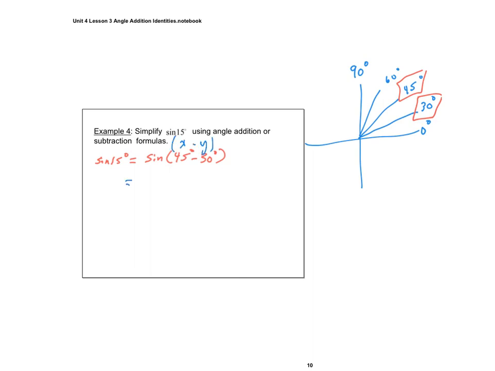So let's use our sine formula. So the sine formula here is going to be the sine of x times the cosine of y minus the cosine of x times the sine of y.